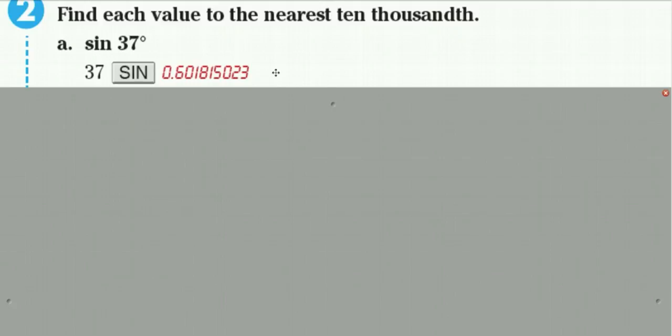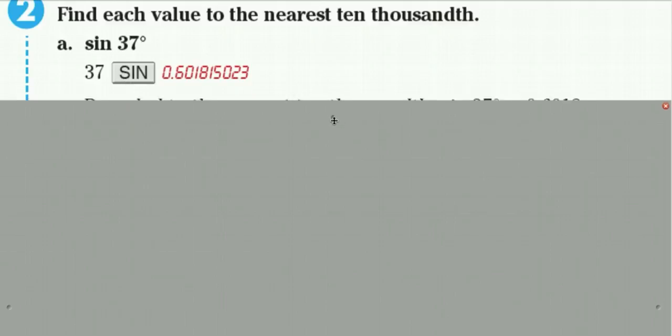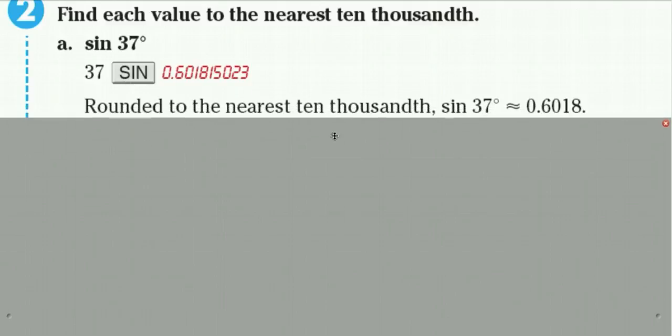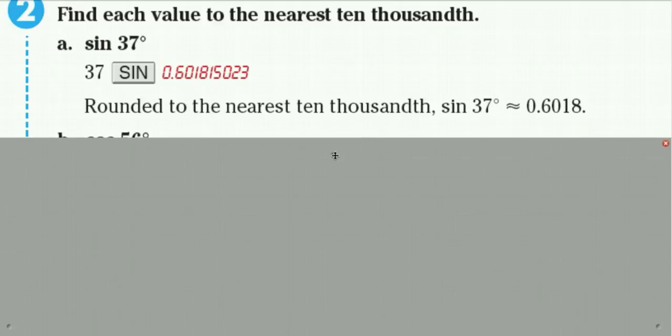Some calculators you need to press the sine button first and then 37. For this calculator, most calculators will have you press 37 and then the sine button to find the value. So rounded to the nearest 10,000th, it'll be 0.6018.